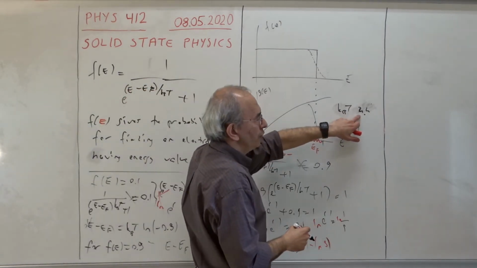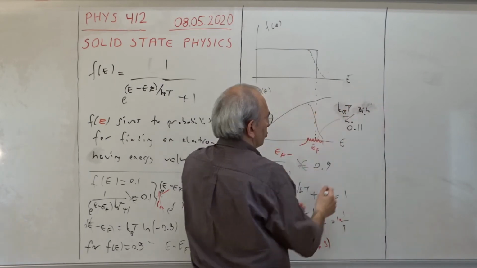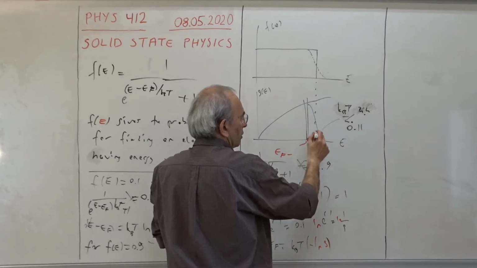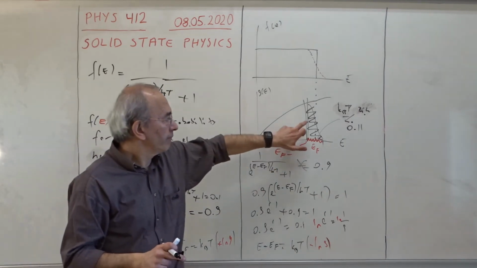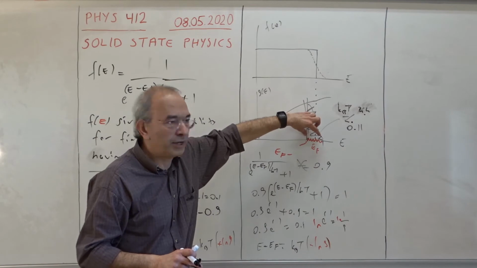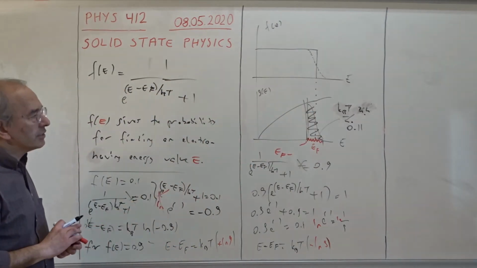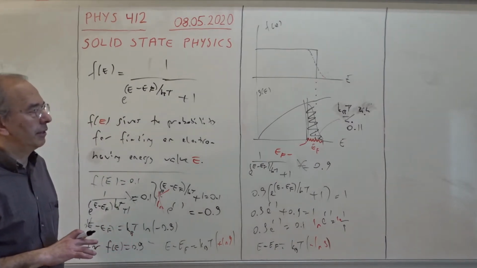So this is 4.4, this is 1 over 40. So this is approximately 0.11 or so. That part corresponds to, so these are the electrons having probabilities between 0.1 and 0.9. And what is that number? It is approximately a few percent.